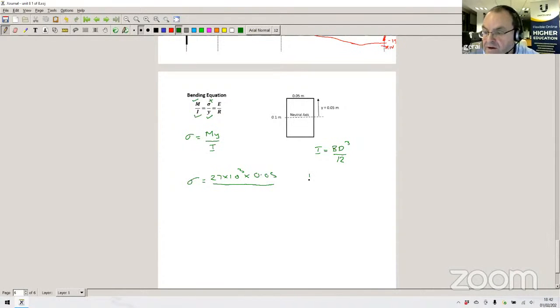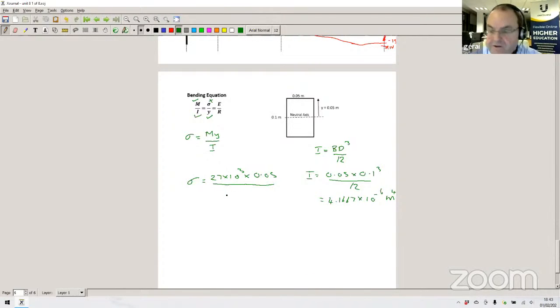I is equal to b, the breadth, which is 0.05, times the depth, which is 0.1 cubed, divided by 12. So the second moment of area is 4.1667 times 10 to the minus 6. It's a small value, and the units are meters to the fourth, because we have meters times meters cubed.